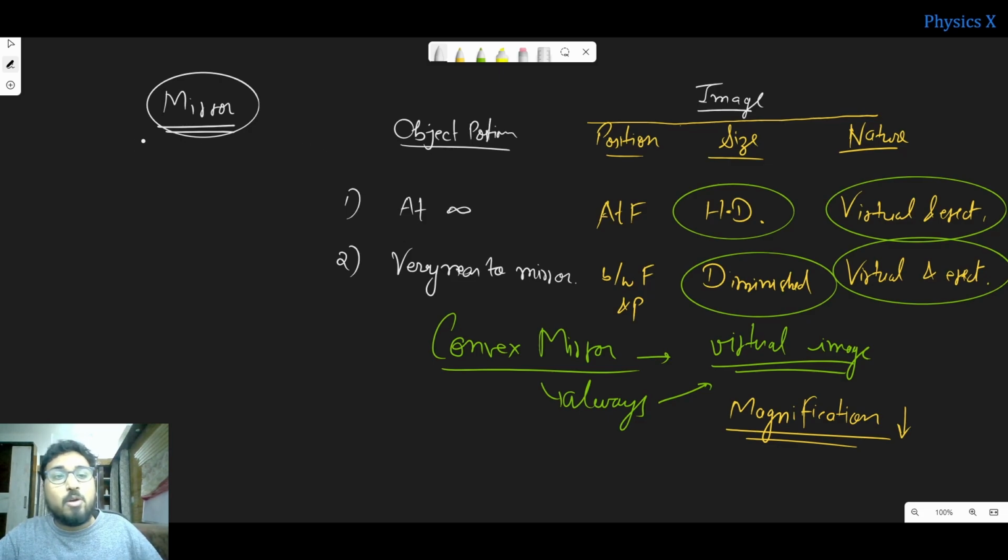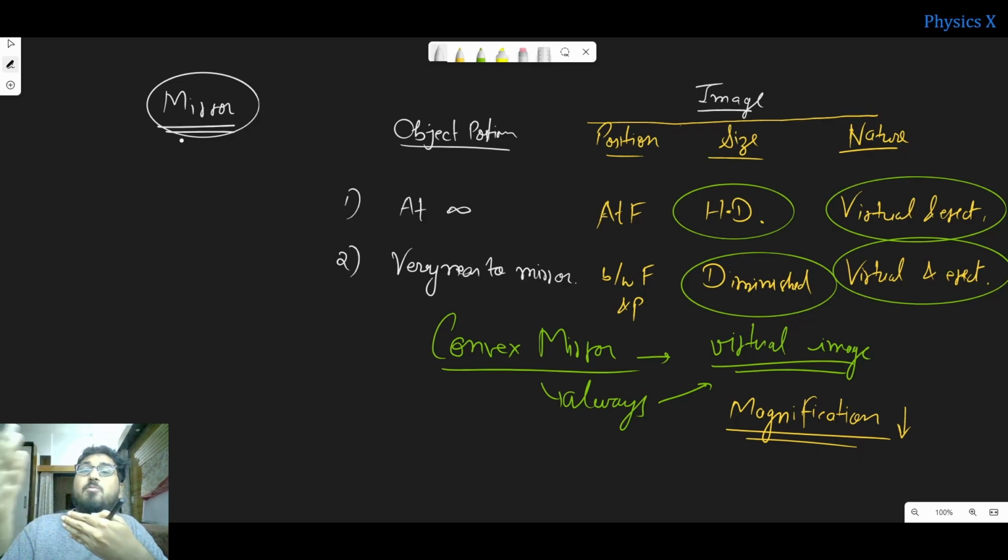What you will do is try to see your image in the mirror and move the mirror. By moving the mirror, you are indirectly changing the object distance.